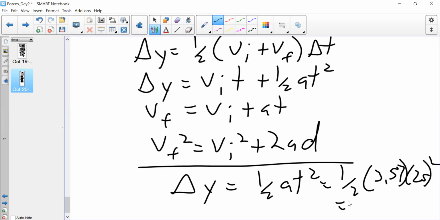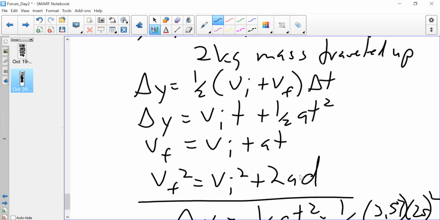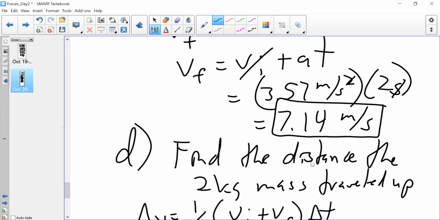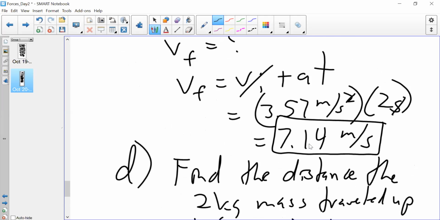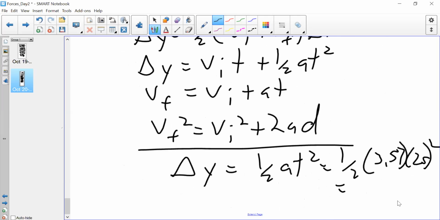That's interesting. 0.57. So it traveled 7.14 meters up. Same as the acceleration, right? Same as the velocity, which is interesting. So 7.14 meters. All right, whatever.